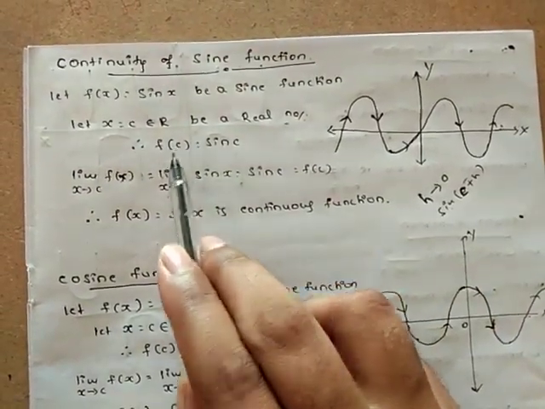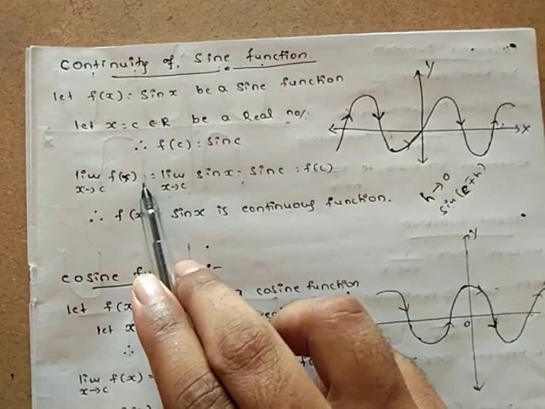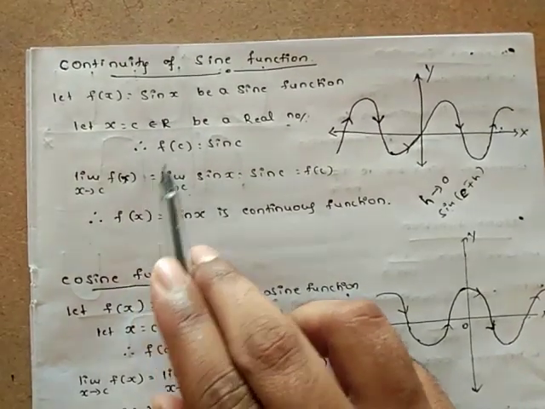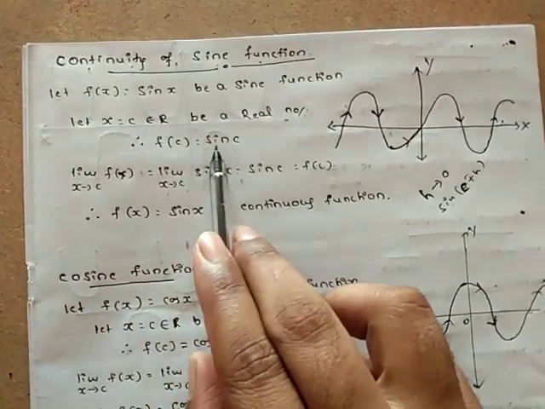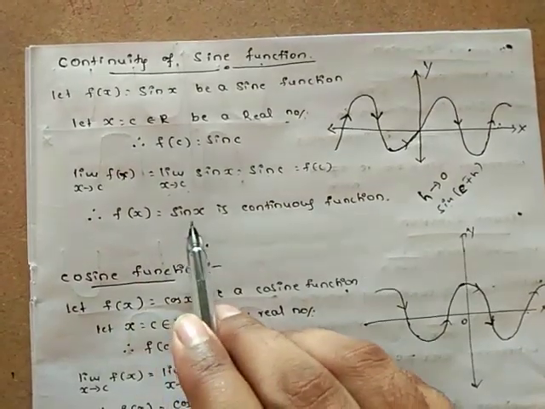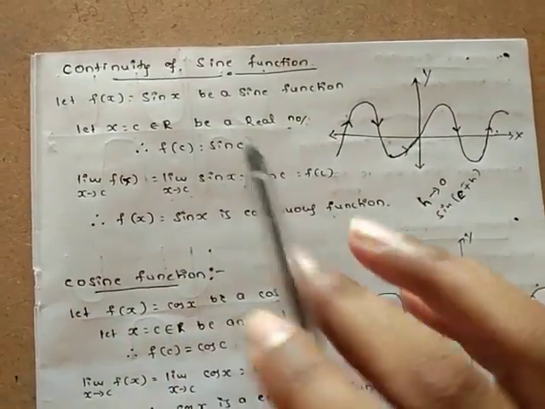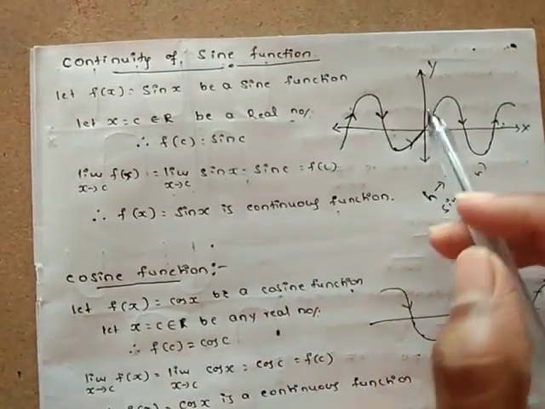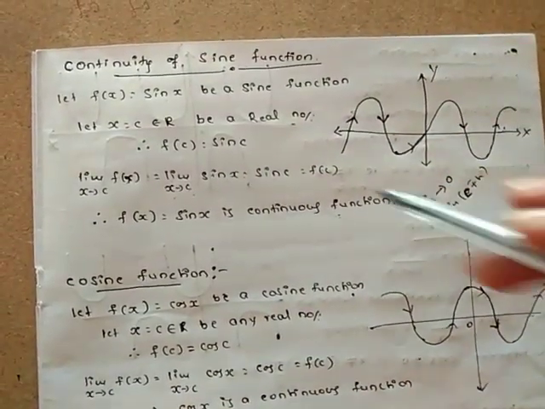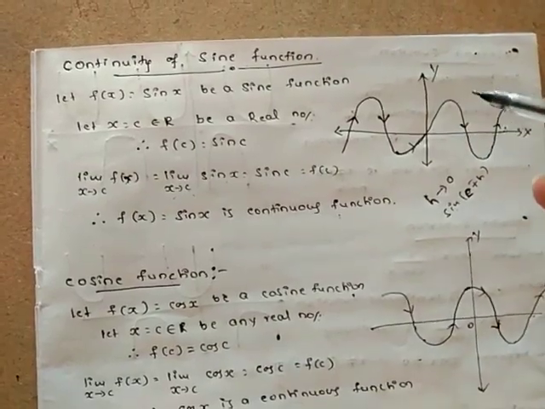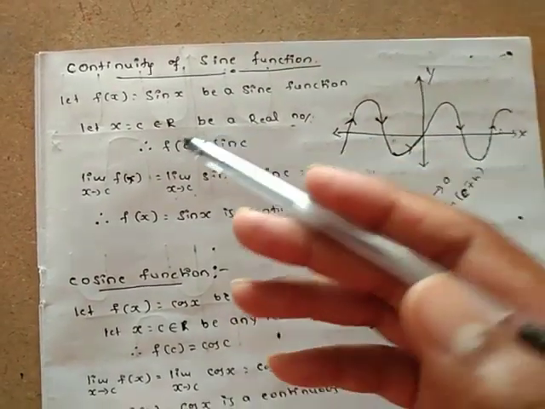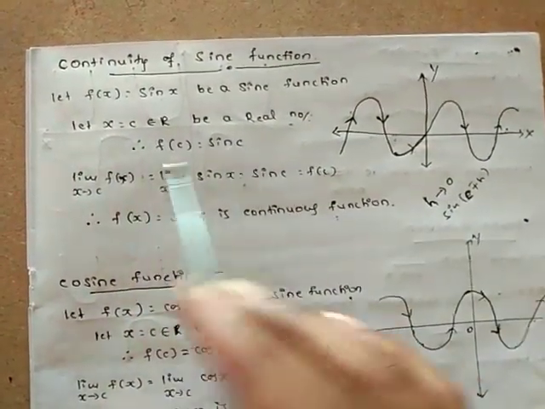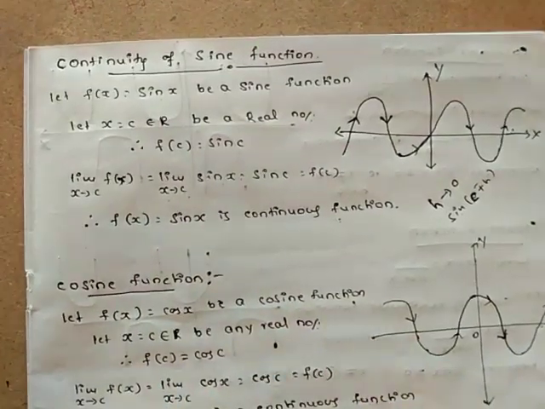Therefore f of c is equal to the limit, meaning LHL as well as RHL, so we can say that the given function sin x is a continuous function. Therefore f of x is equal to sin x is a continuous function. The first trigonometry function, sin x, is a continuous function. We can say this by using the graph only, or by proof.